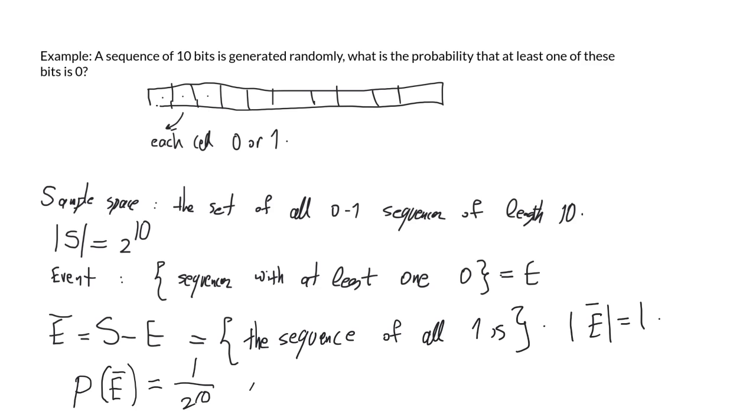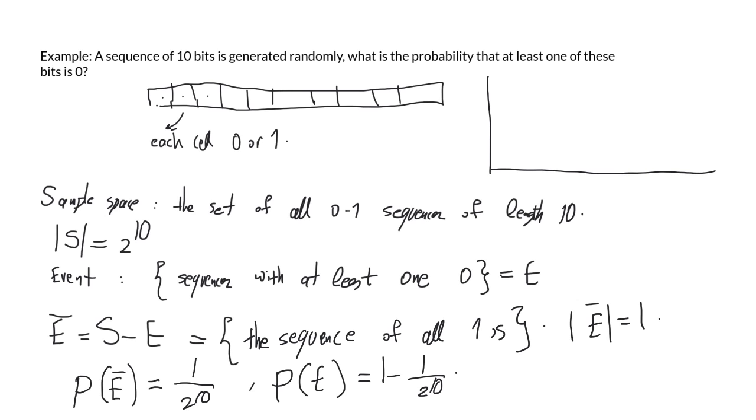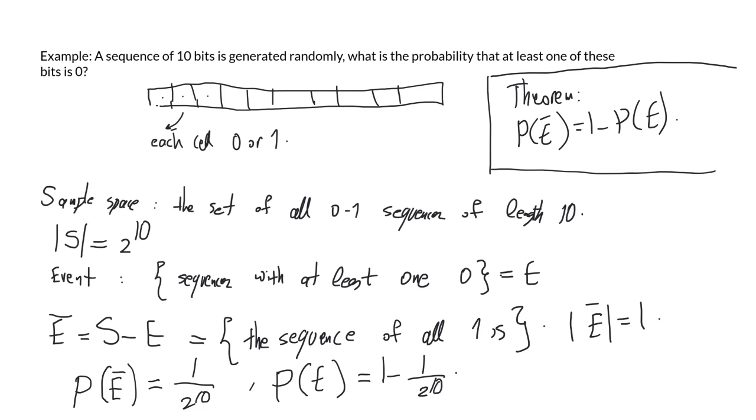And we know from the previous slide, using the previous theorem, that the probability of E bar is 1 minus the probability of E. So the probability of E is 1 minus 1 over 2 to the 10.